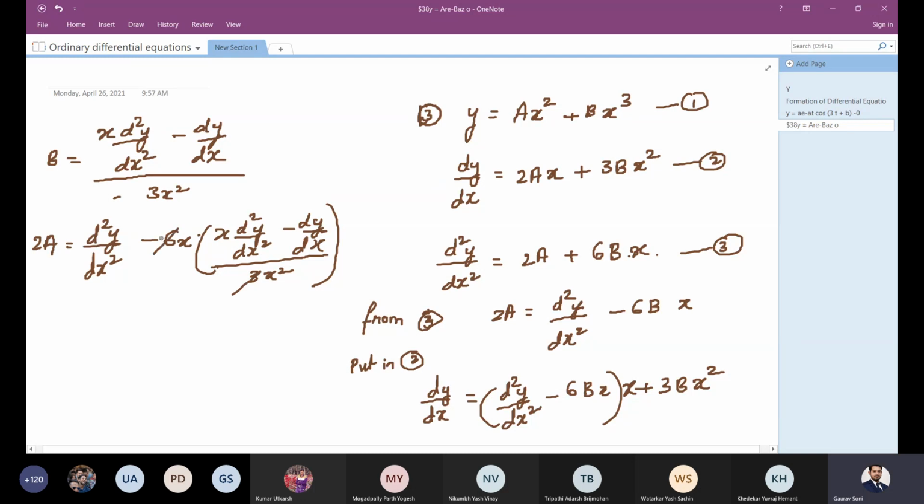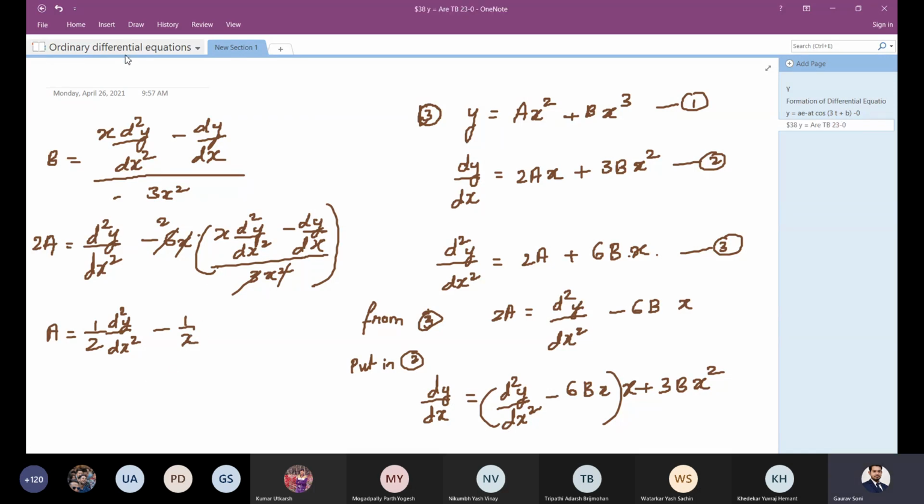So 3 and 2, 1x will get cancelled out. The value of a will become 1 by 2 d2y by dx square, this 2 will get cancelled out, minus 1 by x.